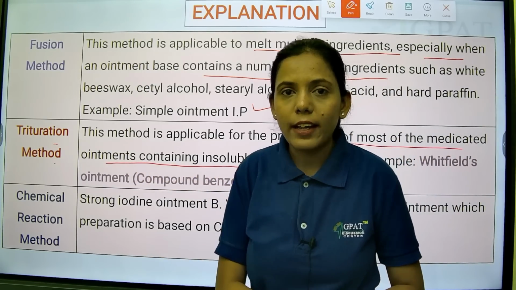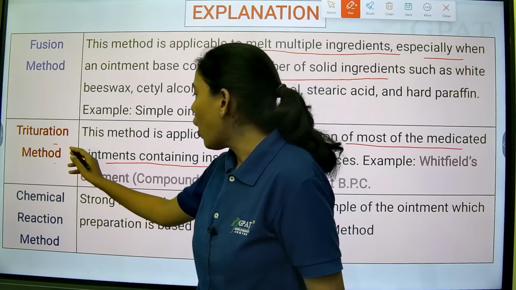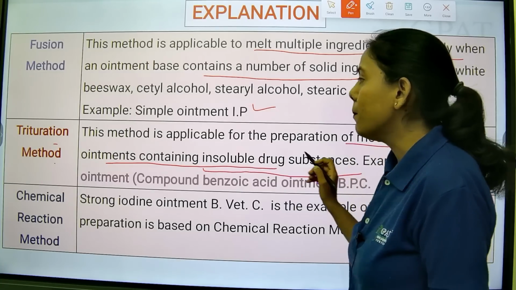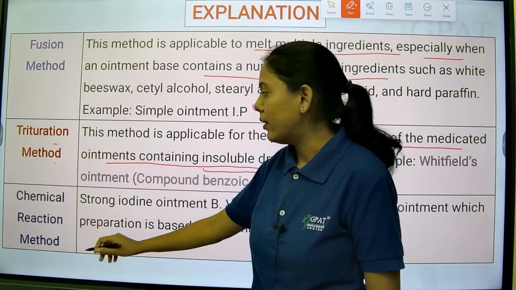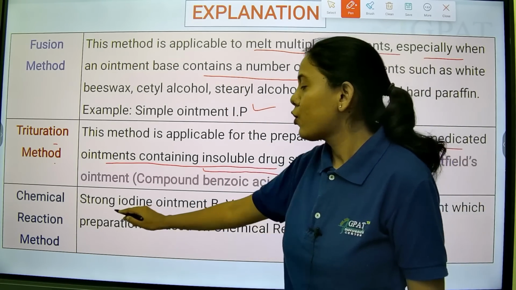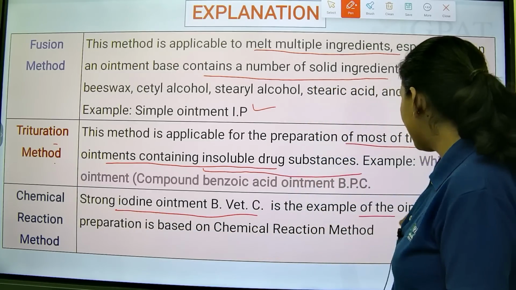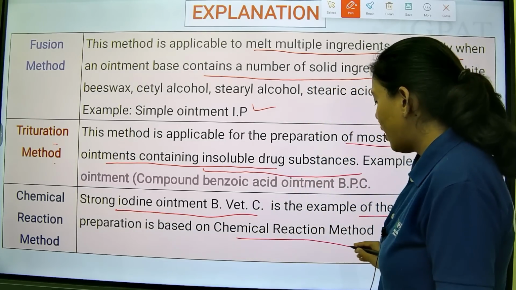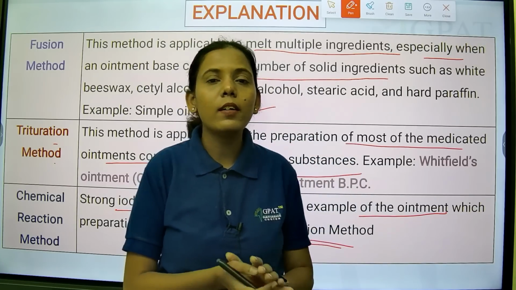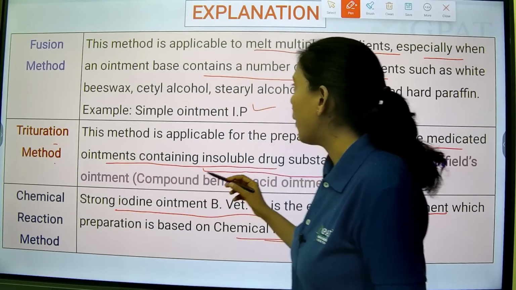If the drug is insoluble, it is first triturated with other ingredients to form the ointment. Compound benzoic acid ointment, BPC, comes under the trituration method. The next is the chemical reaction method. The example is strong iodine ointment, that is veterinary. It is an example of an ointment prepared by the chemical reaction method. So these are the three different preparation methods for ointment and their examples.